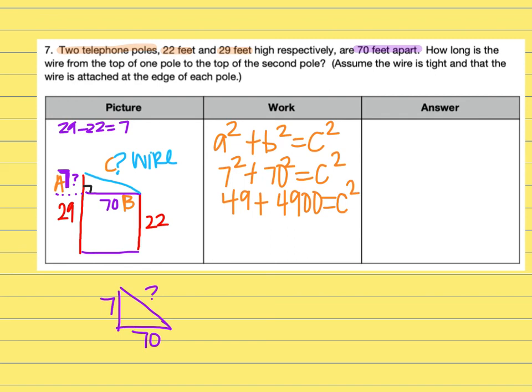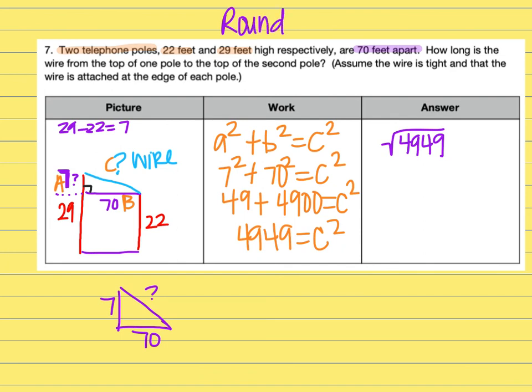Then since I know the two small squares, I'm going to add them up. So that would be 4,949. And then to get the final answer, I just find the square root of that. So square root of 4,949. And again, the directions for this entire page said round to the nearest tenths place.